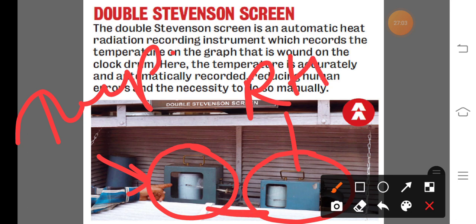These two instruments record temperature and relative humidity continuously and automatically. The units for the double Stevenson screen are degree Celsius and percentage.